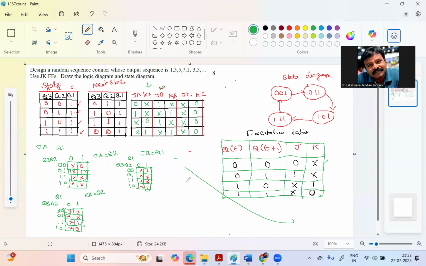Right. Here we are having now. This is we are having now that one as J, K, 11X, right? So that is possible now. Right. So JP. Then KP, right? So KP also the same way. So we are having now that KP, JP and KP. KP is Q1, sorry.